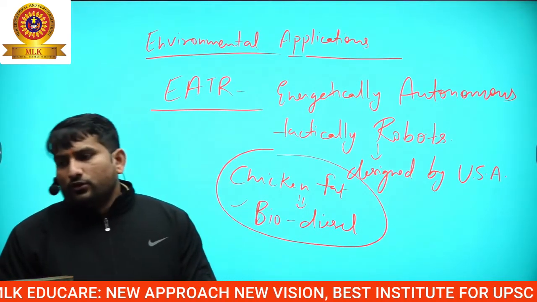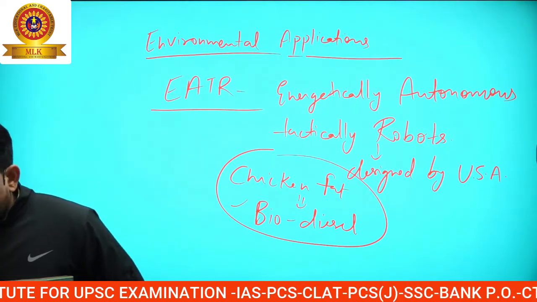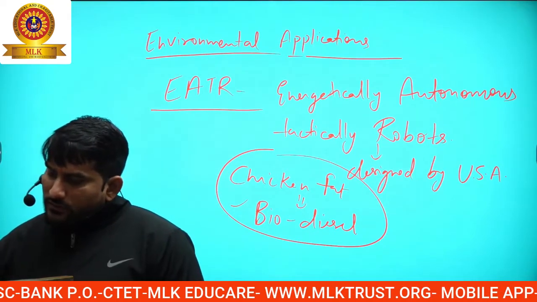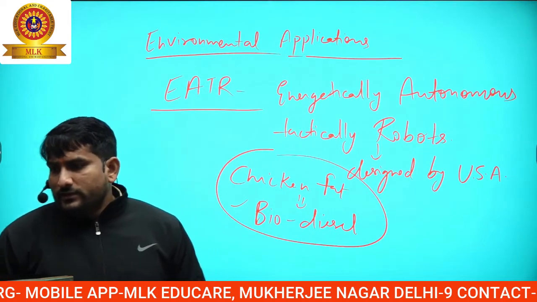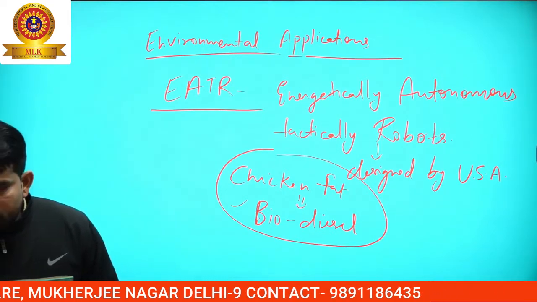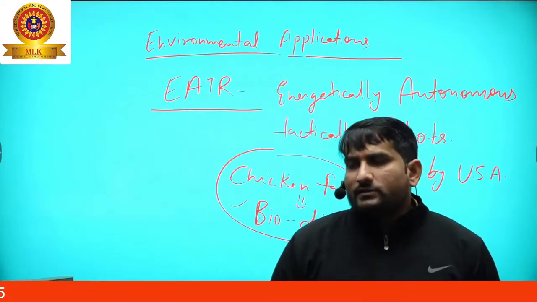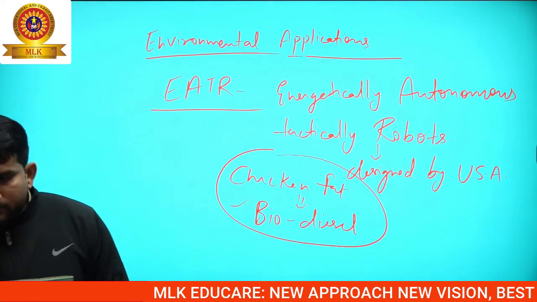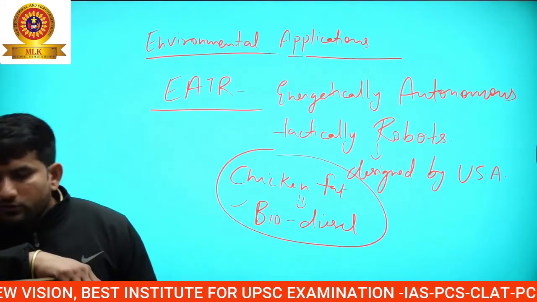Okay, robots. So 24/7 tasks for forest exploration, border patrolling, surveillance, and natural resource monitoring. Apart from this, it can also do 24/7 tasks for forest exploration. Okay, exploring the forest, and for border patrolling, for surveillance and natural resource monitoring.